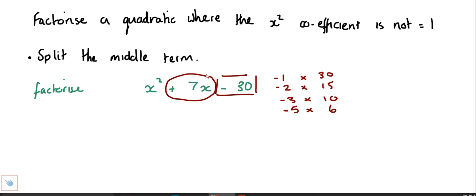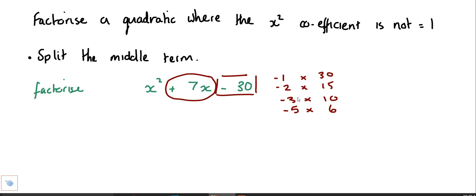Could it not be like, would it always be the smaller number that's a negative? No, if this was minus 7x, then it wouldn't. It would be different. So it's the fact that the middle term is positive that sets out that the smaller must be negative.